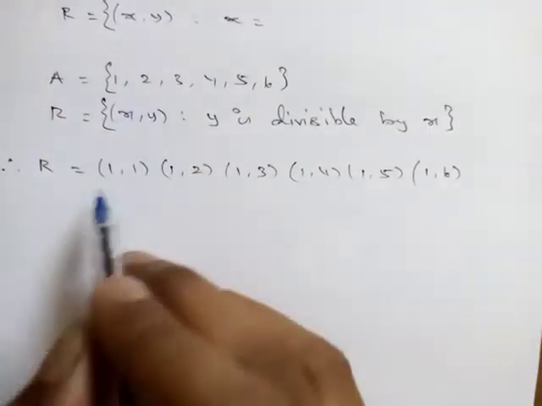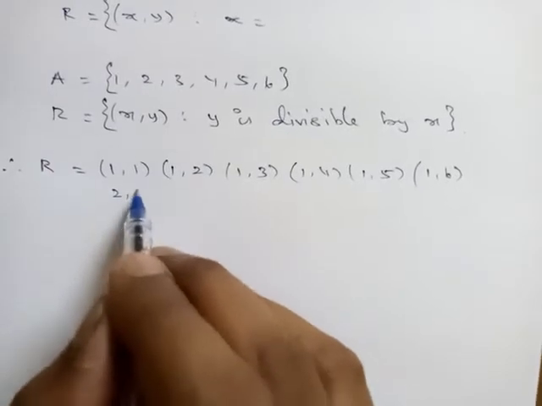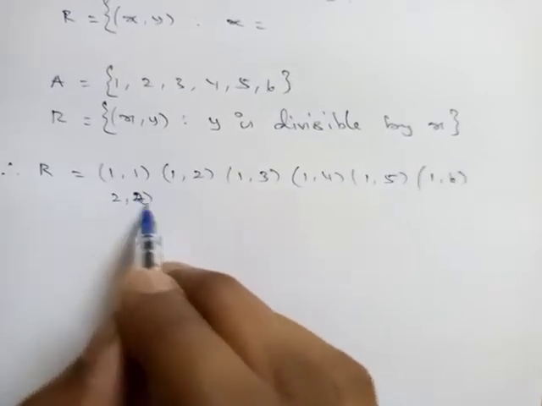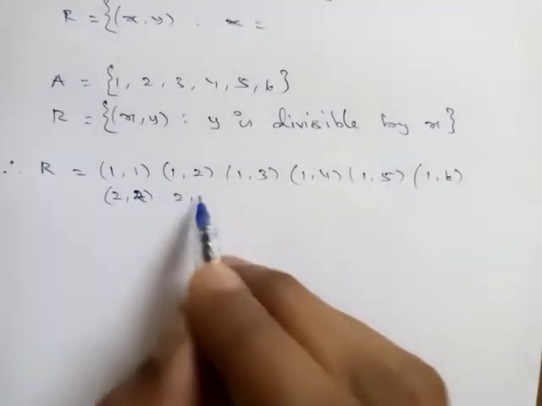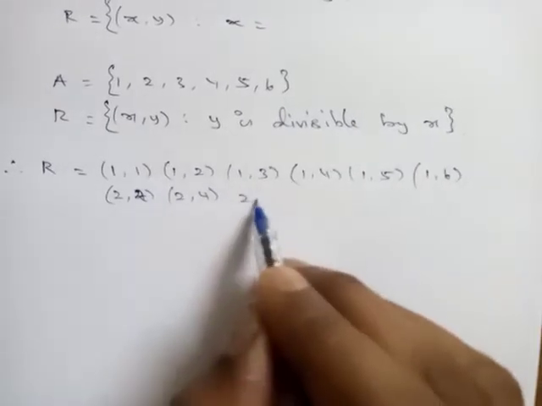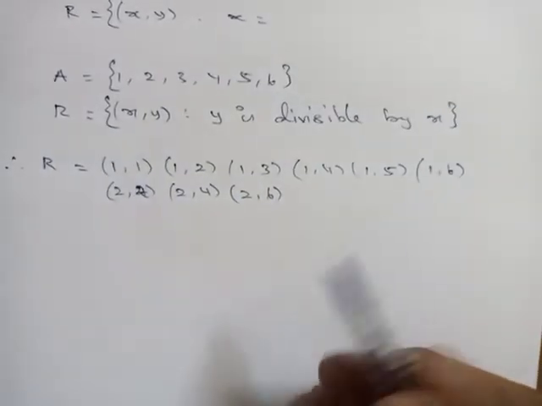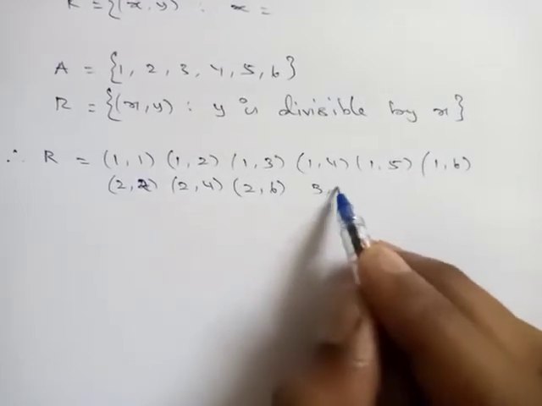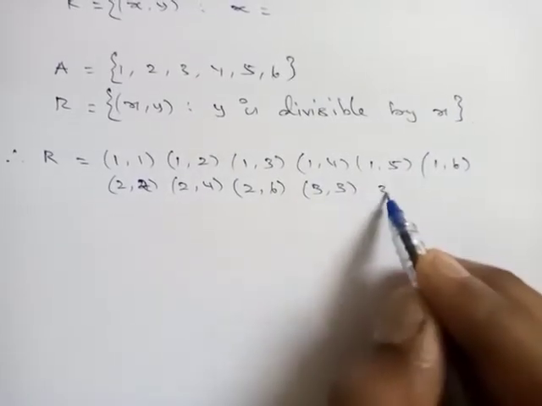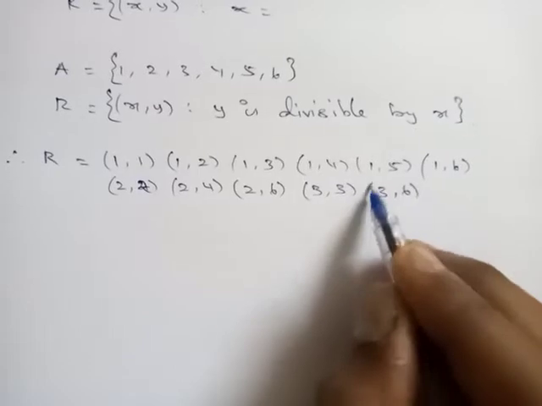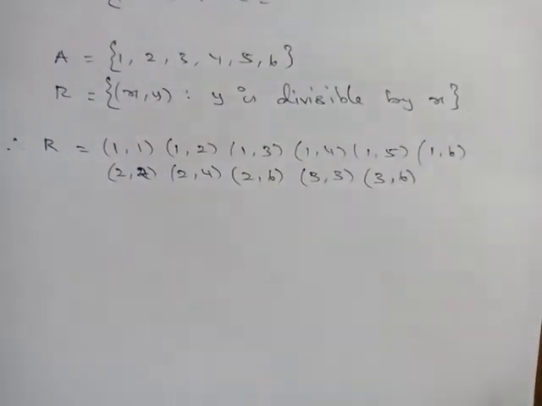Okay, now x is 2 means y will be 4. Sorry, first (2, 2) also we can write, then (2, 4), (2, 6), right? If x is 3, y also may be 3. If x is 3, y may be 6, right?